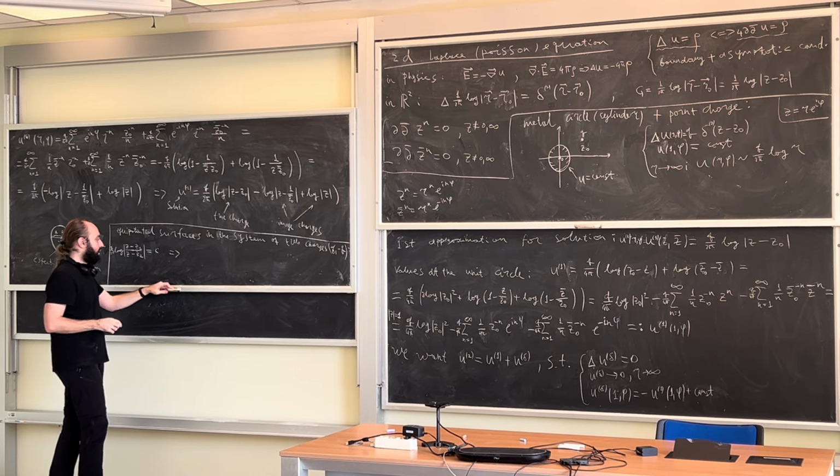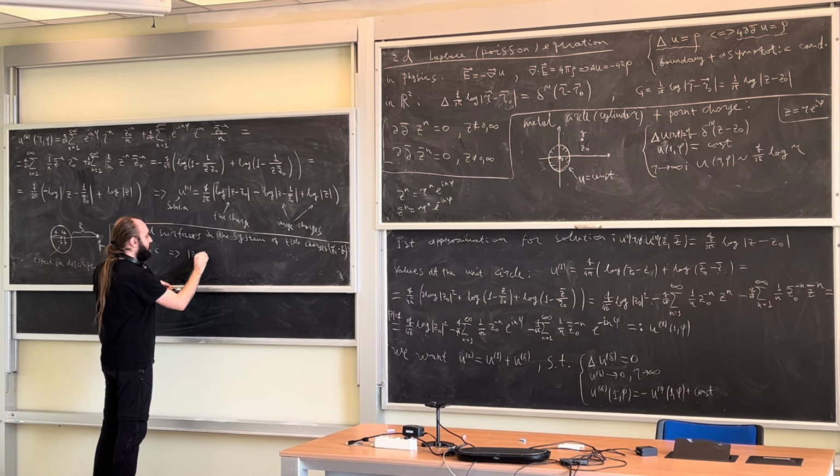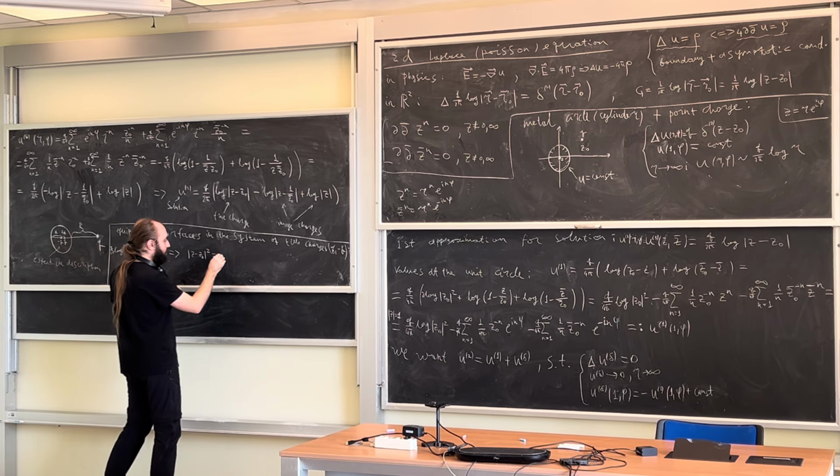So we can write that the absolute value of z minus z1, squared, is some constant times the corresponding expression with z2.